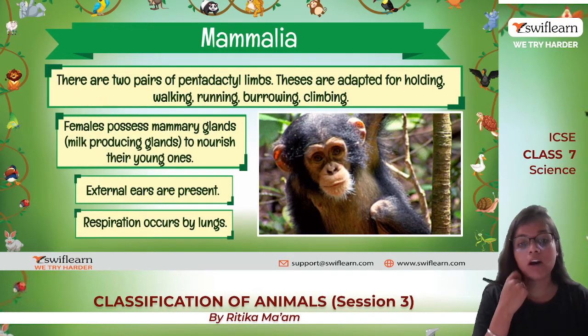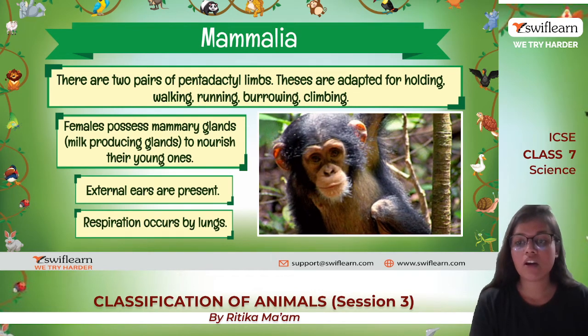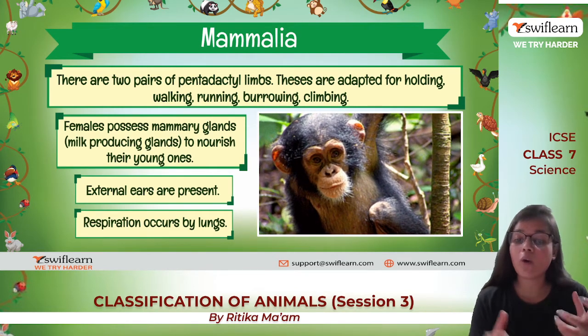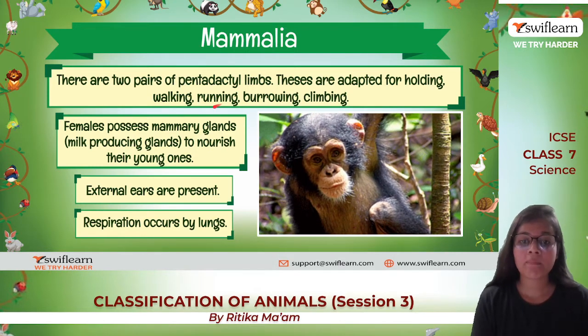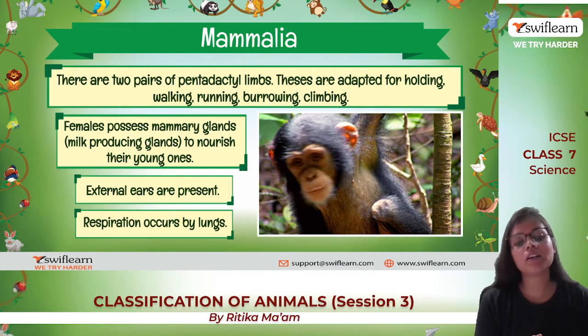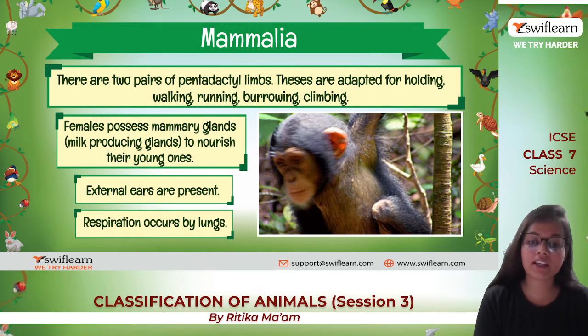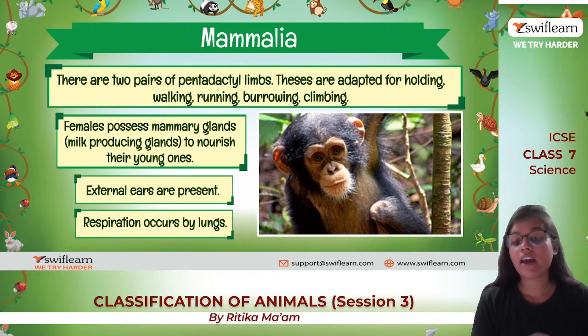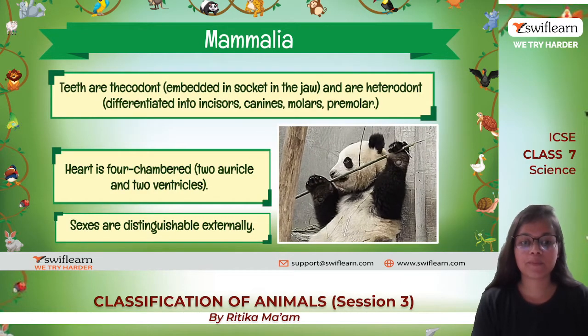Now talking about Mammalia, we have two pairs of pentadactyl limbs, okay, and they are adapted for holding things, walking, running, burrowing, climbing, etc. In the females of the Mammalia kingdom, they have mammary glands, which are the milk producing glands to nourish their young ones. External ears are present, and respiration occurs through lungs.